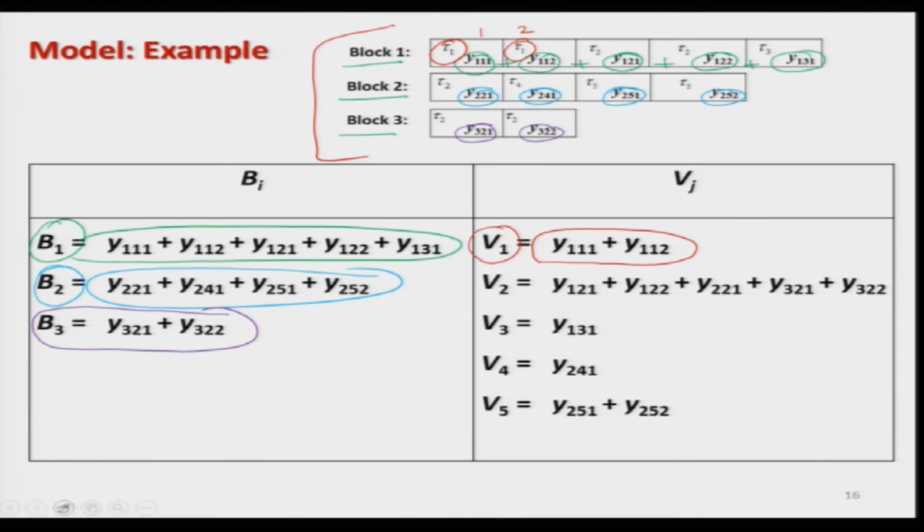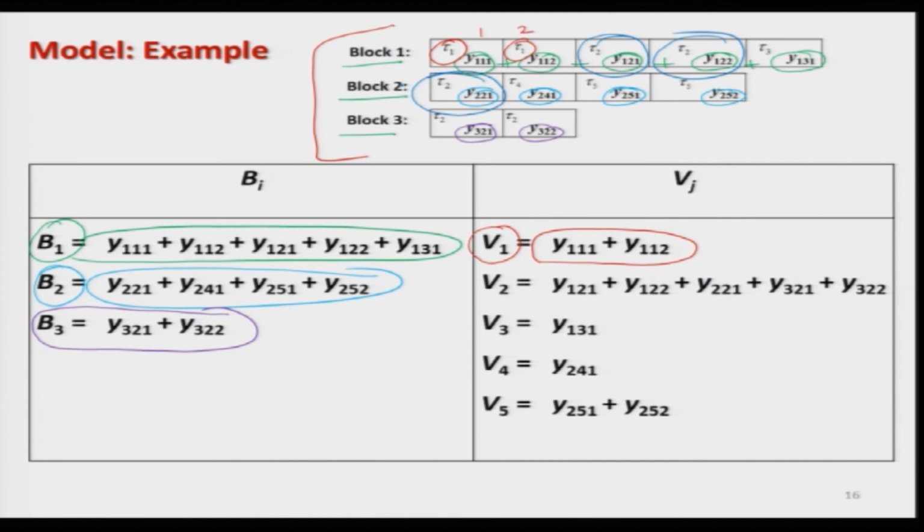And similarly, consider another total V2. You simply have to identify the plots where you are giving the treatment number 2. In block number 1, plot number 3 and plot number 4 are given the treatment number 2. In block number 2, plot number 1 is given the treatment number 2.